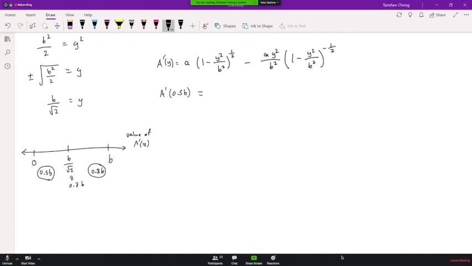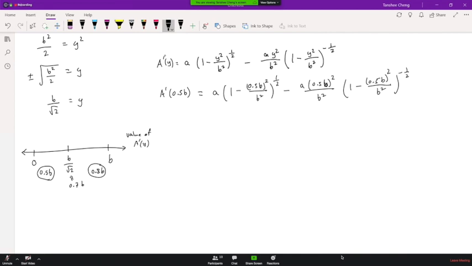Technically, I will not write it down, but to help you see, on the first one I'm going to write it down. So this will be 0.5b for y, squared, and then b squared to the 1/2 power, minus a times 0.5b quantity squared over b squared, 1 minus 0.5b quantity squared over b squared to the negative 1/2 power. So look at right here.